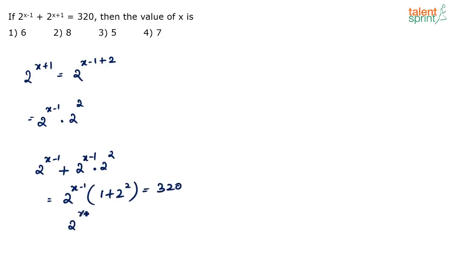Or I can say 2 to the power of x minus 1 is equal to 320 divided by 5. That is equal to 64. Correct? Or I can say, what is 64 in terms of powers of 2? It is nothing but 2 to the power of 6. Or I can equate the powers on the LHS and RHS. I can say x minus 1 is equal to 6, or x is equal to 7.